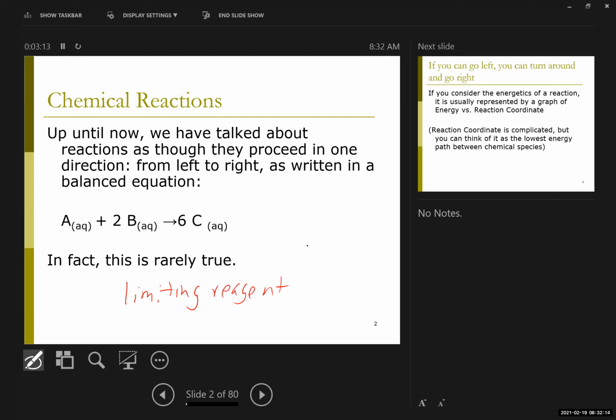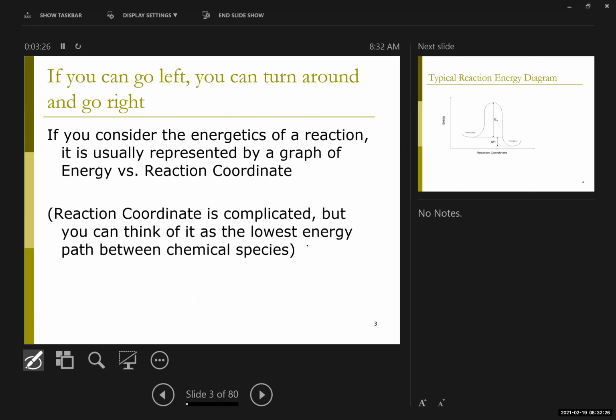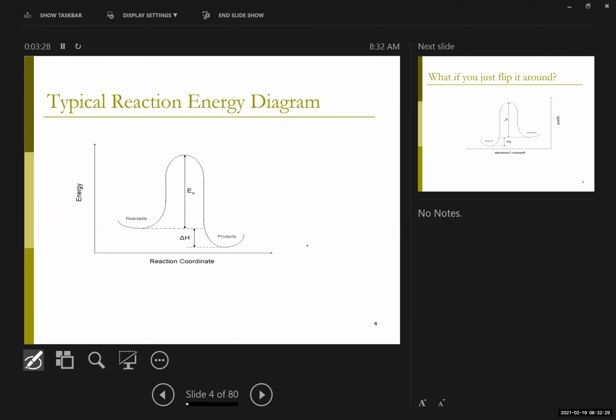In fact, most reactions are not limiting reagent problems because of a reason that goes back to what I always refer to as the most important graph in all of general chemistry, which we just saw in the context of the rate constant in the Arrhenius model, where the activation energy was the key. It still sort of is. The hard part in any reaction is getting over the hump.